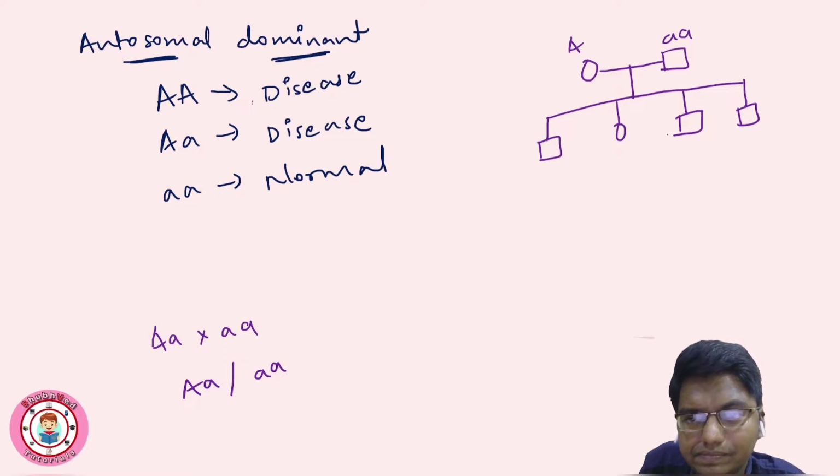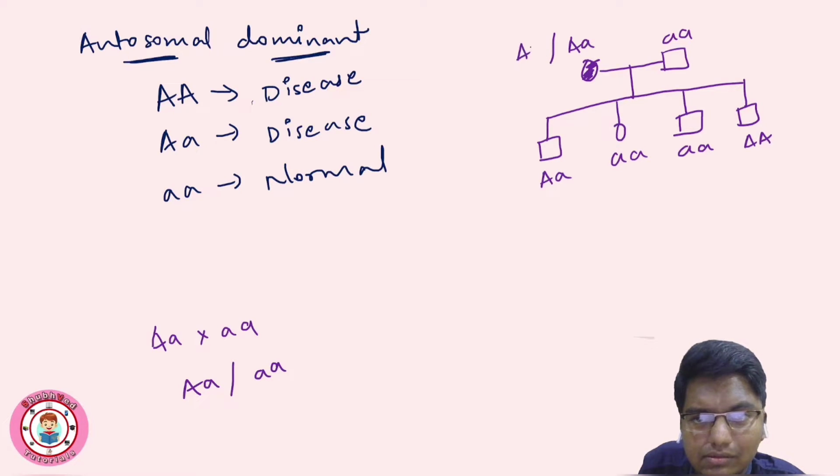So here, suppose these are Aa and these are aa, right? Okay, see, this parent is affected because it is having A. A means it can be this or this, right? It will be affected.